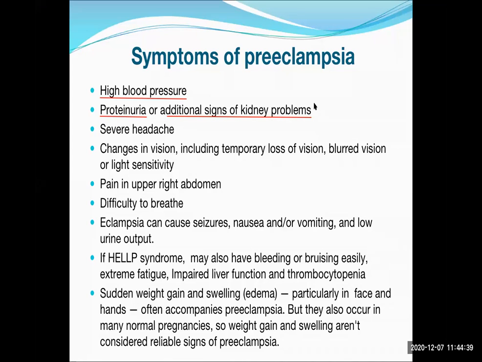But in this case, in preeclampsia, what other kidney problem may happen to that lady? Renal failure. Renal failure or kidney failure results in oliguria. Okay, and after oliguria occurs, serum creatinine level will be higher. That is so easy to remember. So that is the meaning of additional sign of kidney problem.